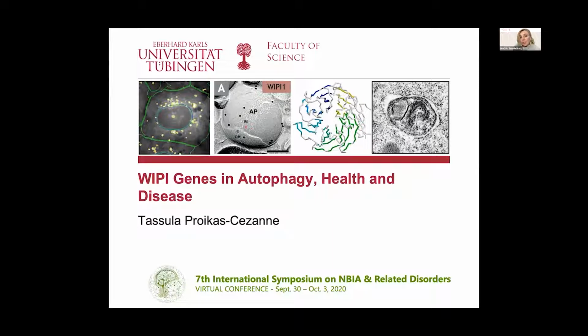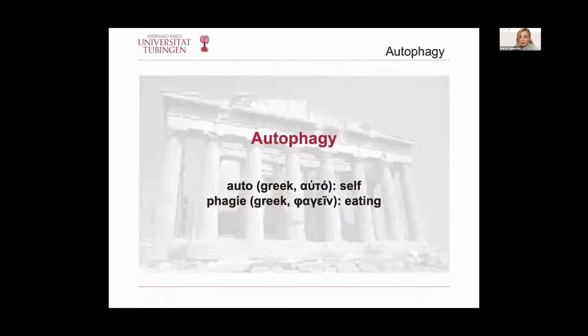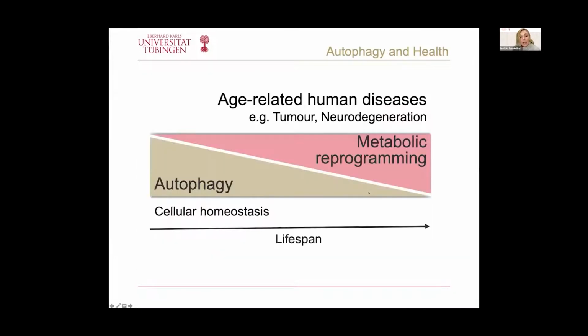So before I start, I'd like to give you a very basic introduction to autophagy, starting off with what it means. It's a Greek word and it means self-eating. And autophagy is a catabolic pathway. So it really is a form of self-eating. And it secures eukaryotic cellular homeostasis. It defines the lifespan, because if we knock out autophagy genes, for example, in C. elegans, then lifespan is reduced by up to 1/3.